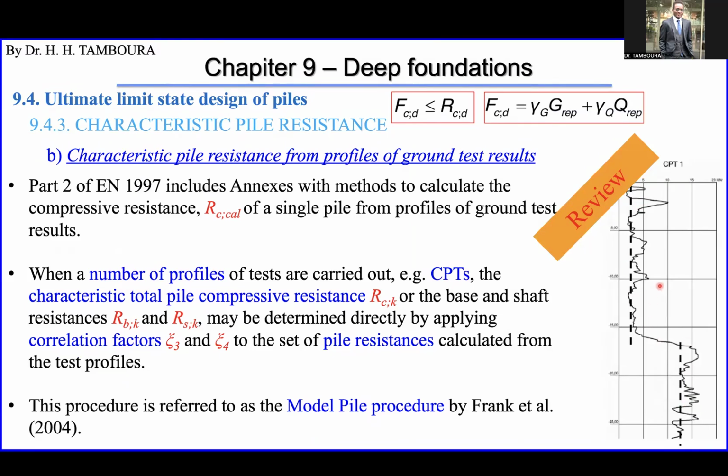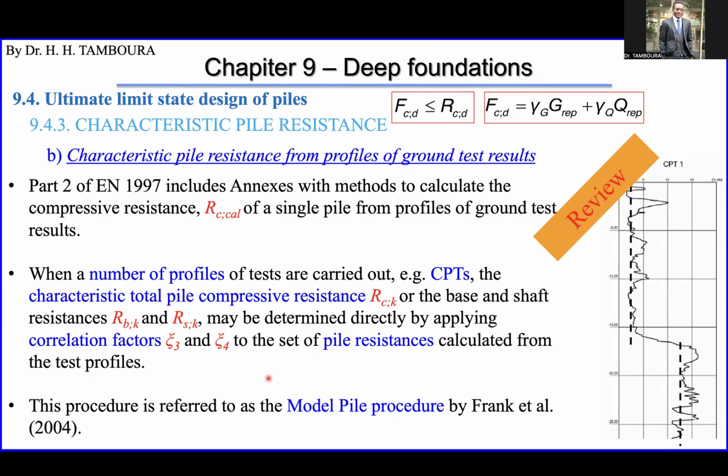Then we use this calculated capacity to obtain characteristic value by then using correlation factors, okay? And then from the characteristic value, we can use some partial factor to obtain the design value.